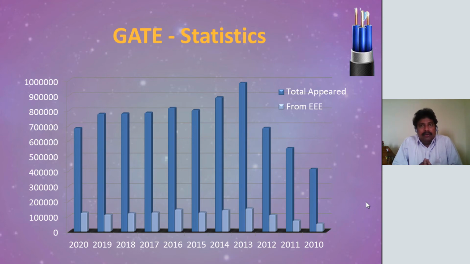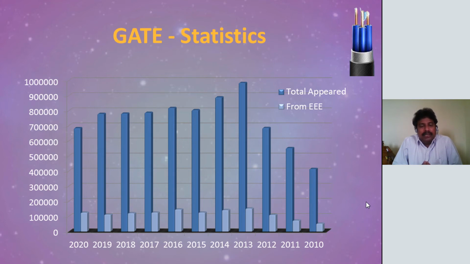Every year there is a consistent growth of 10%. In 2020, around 1,50,000 students appeared for this GATE examination. The statistics will come only after the announcement of results, so for the 2021 GATE there is an expectation of around 1,50,000 to 1,75,000 students.